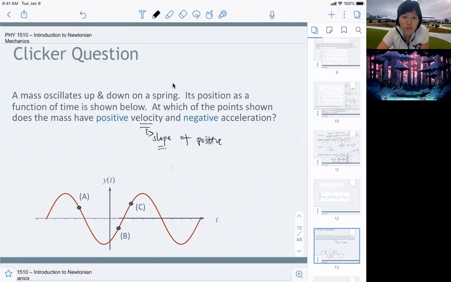Okay, it seems like it's got a little bit stuck. Okay, I think Zoom is a little bit sluggish right now.